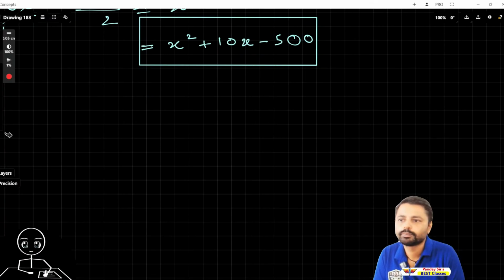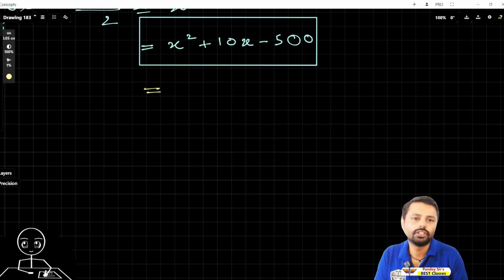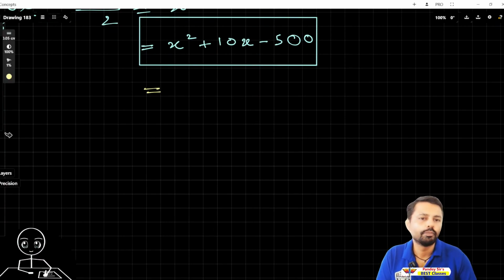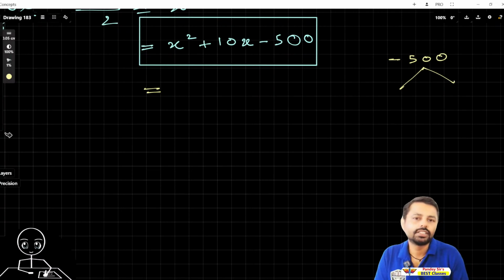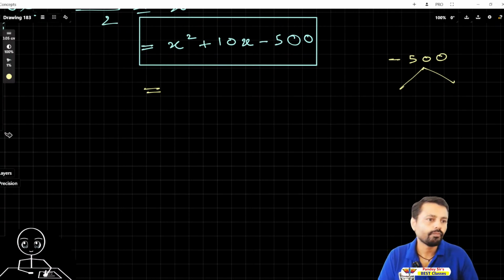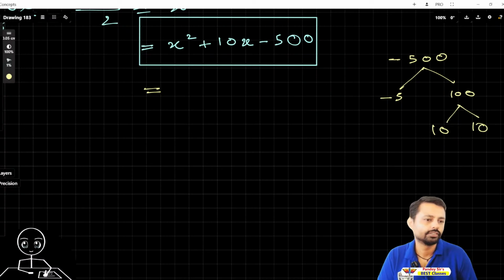So we just need to do factorization. So we got this as 500 minus 500. So minus 500. Its factors' product must be minus 500 and its sum must be plus 10. So what are the factors of 500, 5 and 100, which can be minus 5 and 100. This one 100, 10 and 10. Easy peasy. Now this 10 can have 5 and 2.